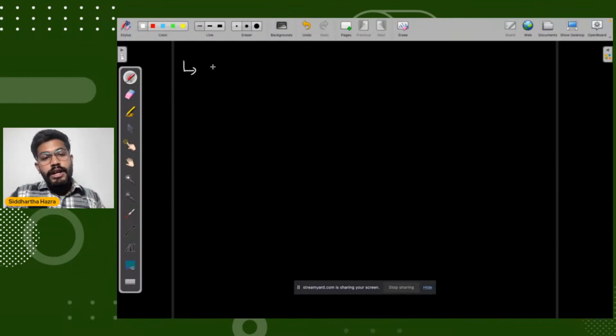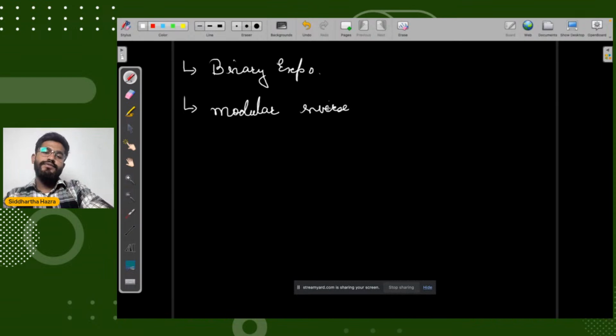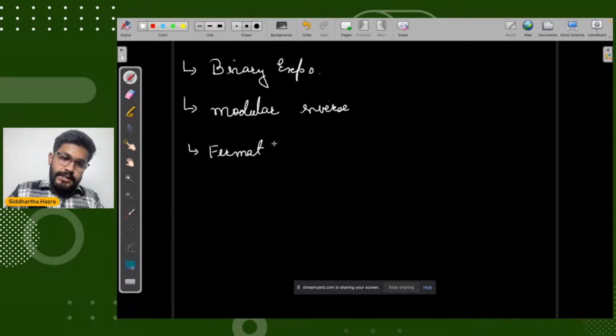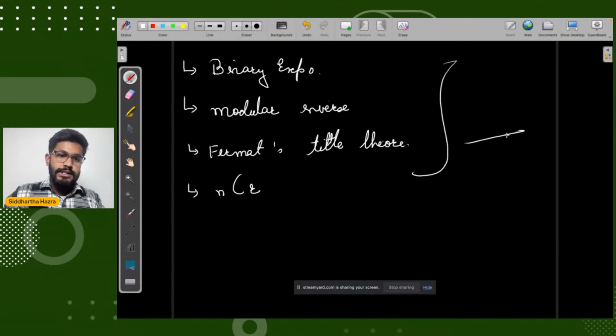If you already know binary exponentiation, modular inverse, or you can say Fermat's little theorem too, and you're also familiar with nCr, if you already know all this, then only this problem is an easy problem for you.